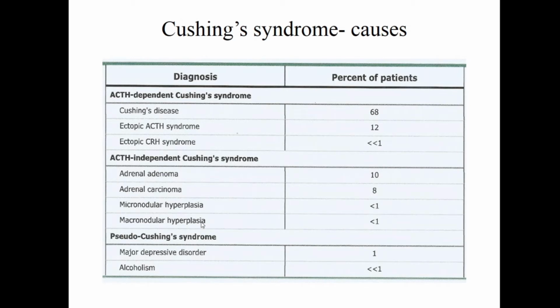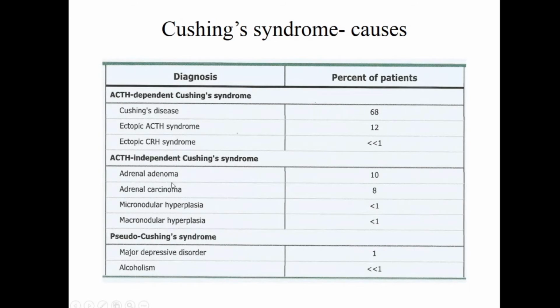When we talk about ACTH independent, I don't depend on ACTH to secrete cortisol. You know that cortisol is being secreted by the adrenal gland. So that means a disease of the adrenal gland itself, irrespective of whether you have ACTH or you don't have ACTH, the adrenal tumor will secrete cortisol. So that is why it's known as ACTH independent causes.